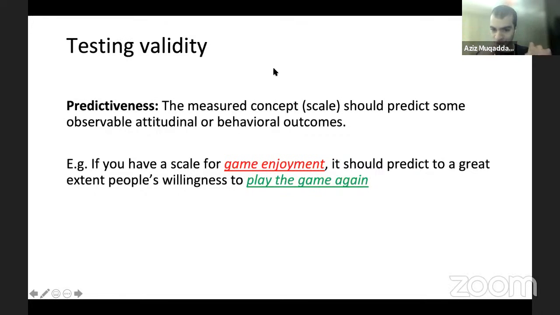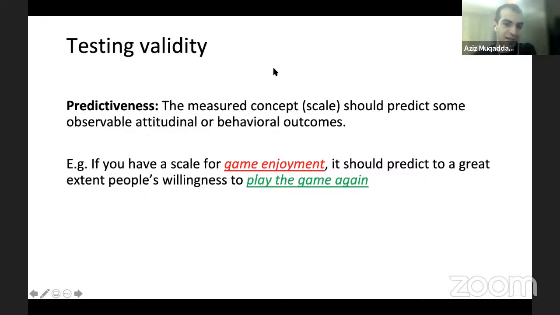Should game enjoyment predict our willingness to play the game again? Yeah, I'd say so. Right.